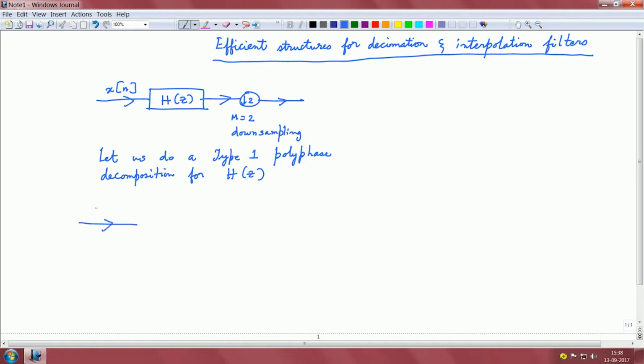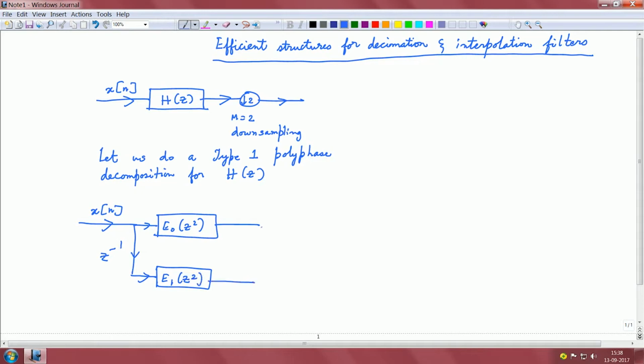So, basically we have x of n, we have a filter which is E0 of z square. There is a delay element here. We have E1 of z square, and this signal we are downsampling by 2, right.